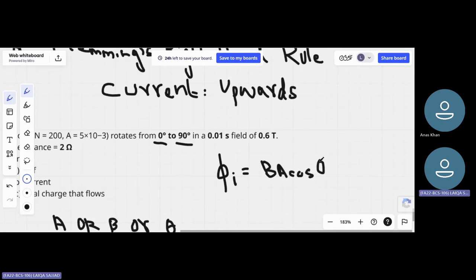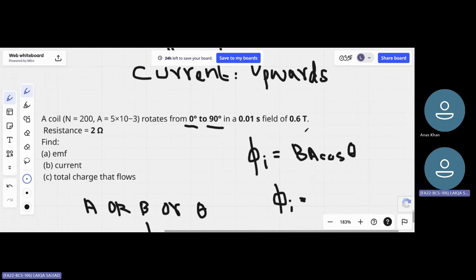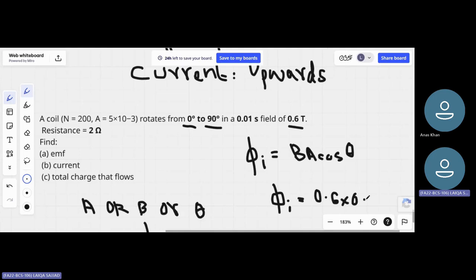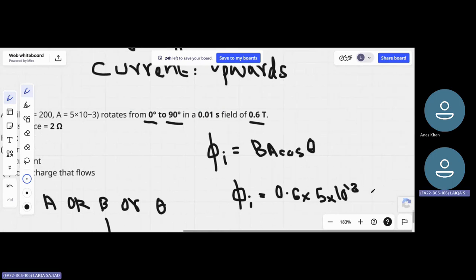B and A are constant. So it would be B, 0.6, times area, 5 into 10 raised to power minus 3, times cos 0.